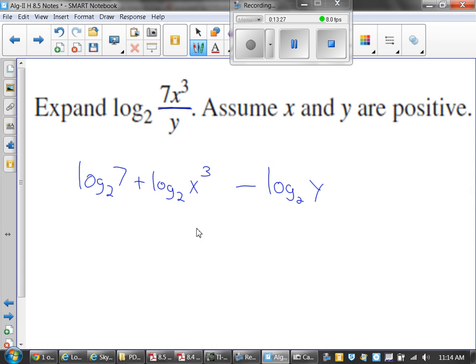Yeah. Since this has an exponent, it moves in front. So your final answer would be log base 2 of 7 plus 3 log base 2 of x minus log base 2 of y. And that's your answer. That is an expanded form.